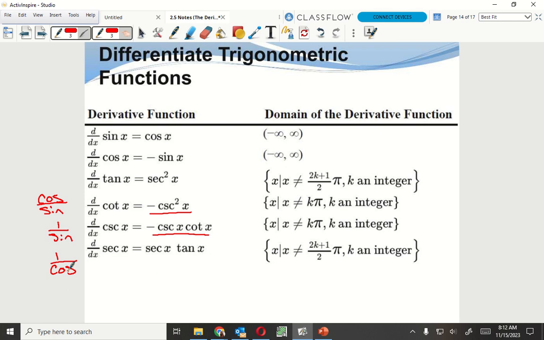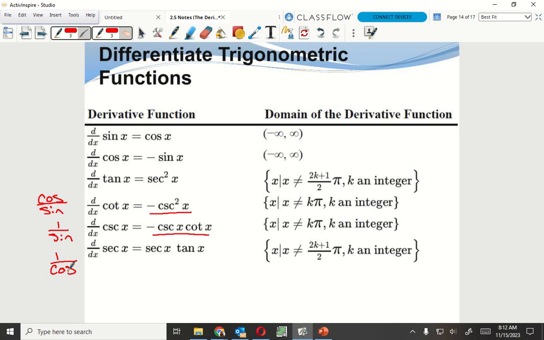And domains of derivatives. This is important. Domains. Now, what is the domain supposed to be? What does that mean? The X values, right? X values that I'm allowed to use. What values of X am I allowed to plug in for this to still work? So, this notation, for these first two, since sine and cosine are waves, it goes from negative infinity to positive infinity.